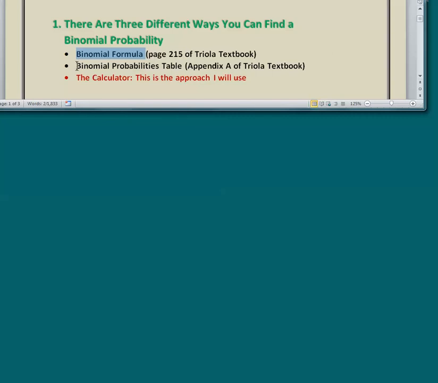The second way to do it is using a binomial probabilities table, and that's in Appendix A of the Triola textbook. We're not going to be using either of those approaches. We're going to be using the calculator. I'm going to be showing you how to find binomial probabilities on the calculator, and we'll actually be finding binomial probabilities in part 2 of the video. But we're going to walk through it a little bit.